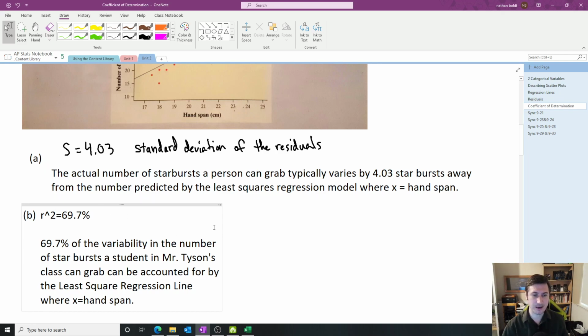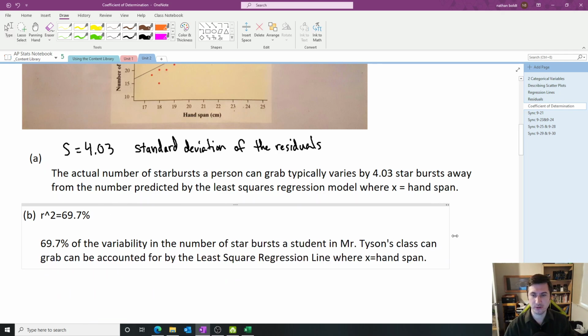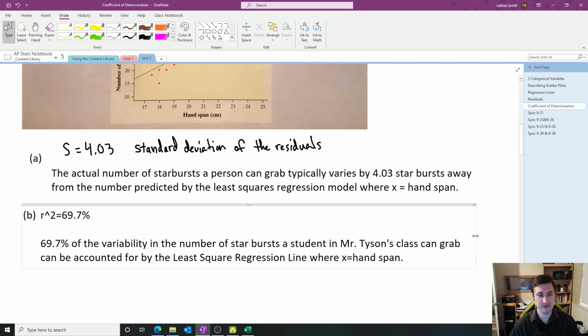Hopefully you can see how that is a similar sentence to our previous one for the standard deviation. The second part is definitely the same. But this time we're talking about the variability in the response variable. 69.7% of the variability in that response variable, the Y variable, can be accounted for by our regression line.